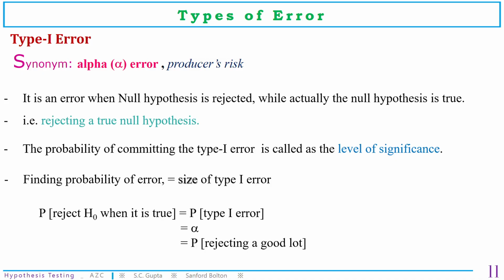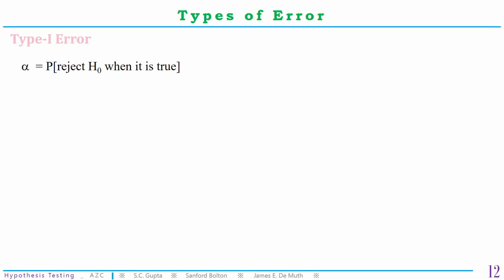So, the probability of reject null hypothesis when it is true is equal to probability of type 1 error is equal to alpha is equal to probability of rejecting a good lot. Alpha is equal to the probability of reject null hypothesis when it is true.